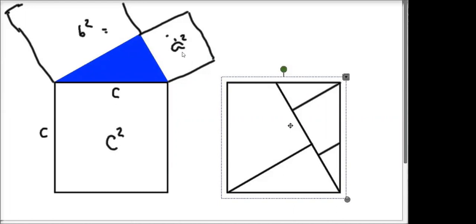In other words, the area of this particular square here, which is A squared, and the area of this other square, which is B squared, if you add them together, they will be equal to the area of the bigger square. Let me go on to demonstrate what we mean there.